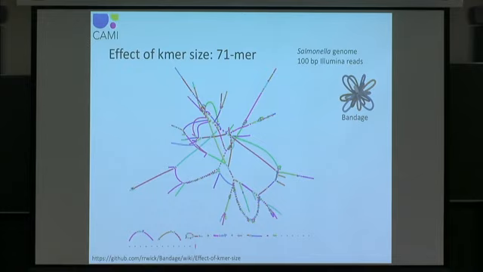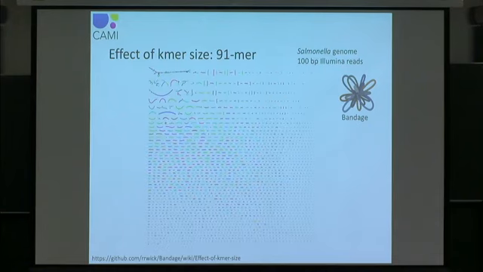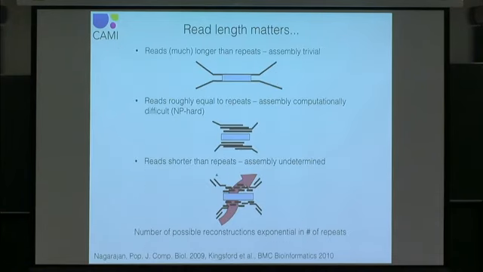And then, of course, what makes these loops here are the repeats in the genomes, right? So if you look at repeats, this is what we discussed before. When you want to resolve repeats, then the read length matters, right? So for long reads, which are longer than the repeat, the assembly is actually very easy. If the reads get shorter, you might be able to resolve some repeats using paired end information or so on.